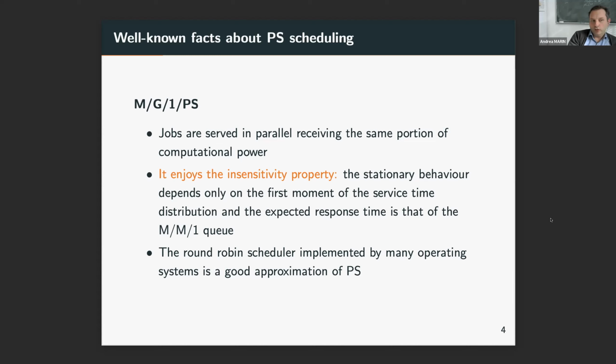This is very important because if we are not aware of the distribution of the service time, this gives us some kind of guarantee on the expected performance measures of our system. The round-robin scheduler implemented by many operating systems is considered in general a good approximation of processor sharing because it shares the computational units among all the processes that are in the ready state.